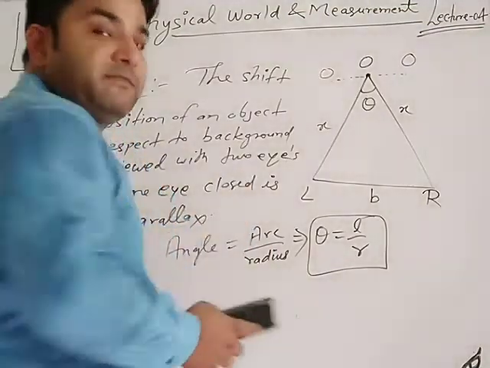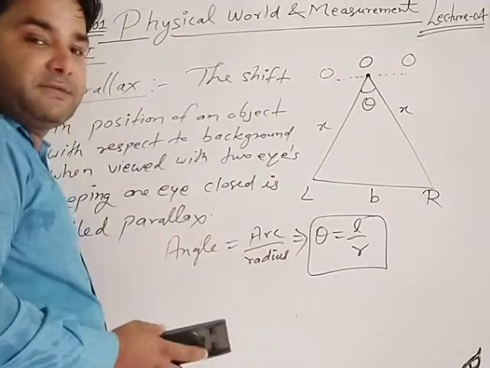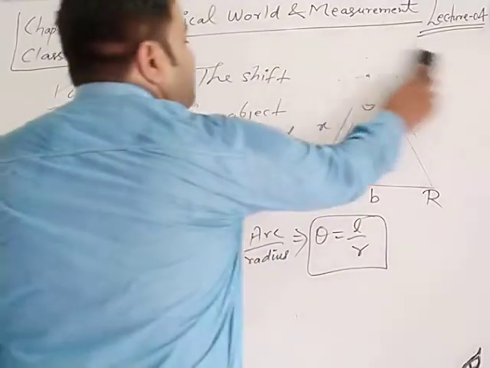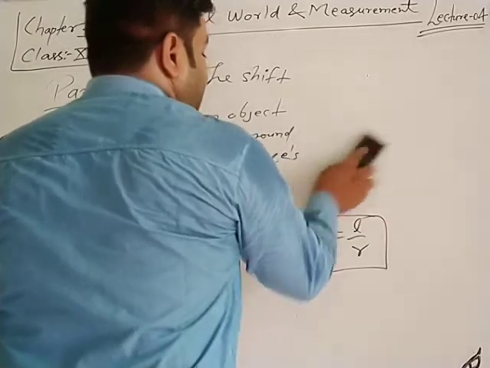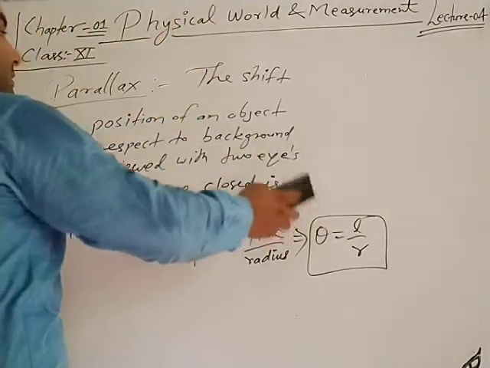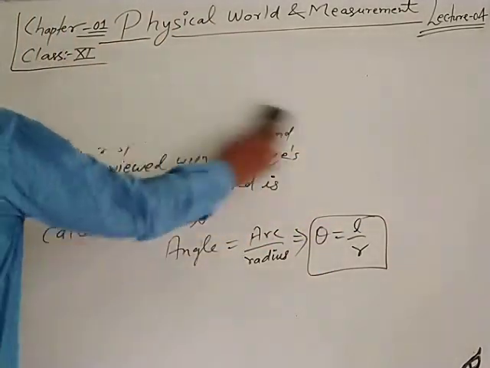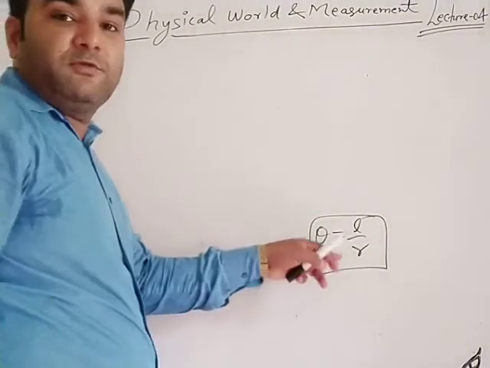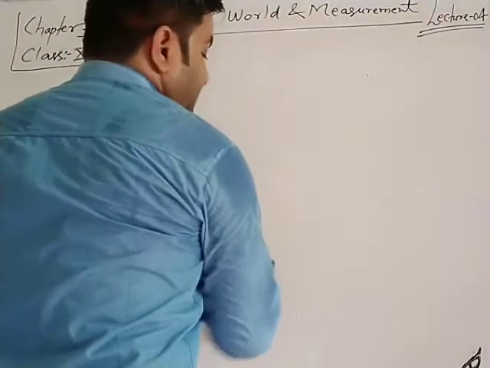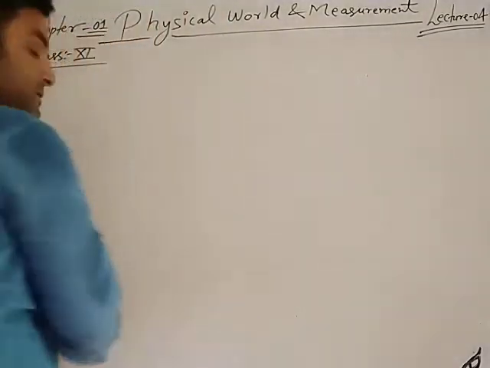Very easy and very useful concept. See the concept of the diagram and method, everything will be clear, and we will use this formula: theta is equal to L upon r. It means angle is equal to arc upon radius.